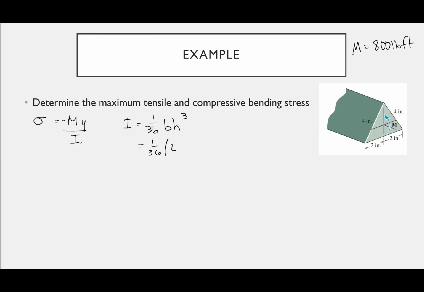The base here is 4 inches. What is the height? Root 5. You said square root 5? 2 root 5. Can I say square root of 4 squared minus 2 squared? Is that the same thing? Okay. So in the end, I believe you get 4.62 inches for I. No, that inches is not right. Inches to the 4th. Is that what you have?